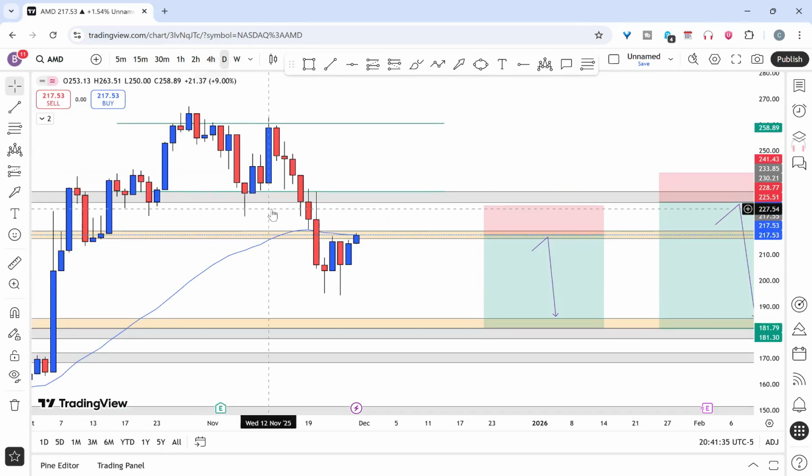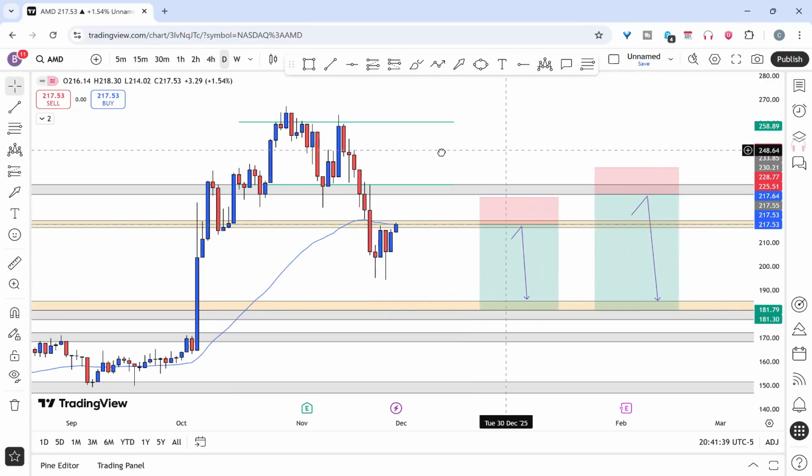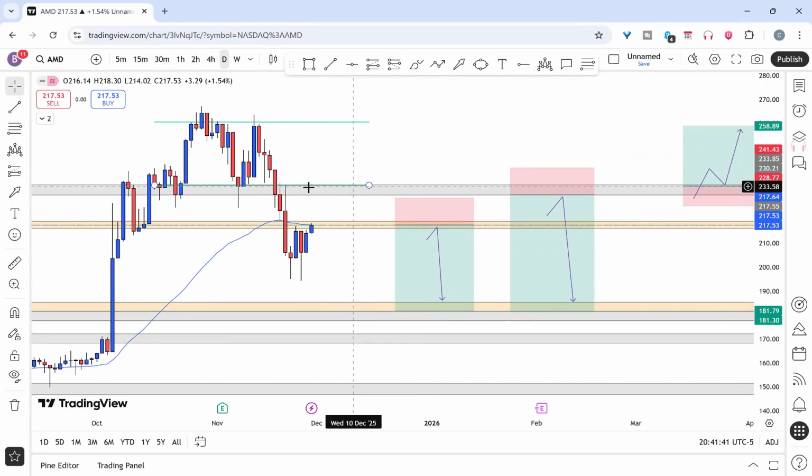If we look at the daily time frame, we have many support and resistance levels. This one was the support level. And once it hits back to the support level and it rejects, then there's a higher chance that it will come back down right here.